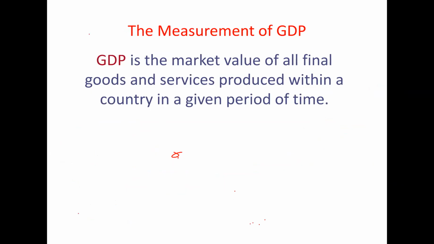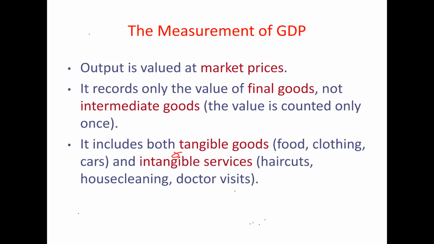All right, so we are looking at GDP as a measure. Output is valued at market prices. GDP records only the value of final goods, not intermediate goods. I've already talked about that point. It includes both tangible goods, such as food, clothing and cars, and intangible goods, such as haircuts, services and doctor visits.